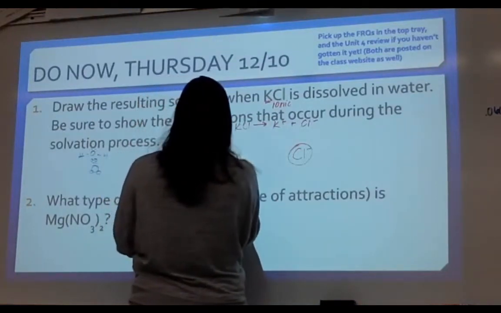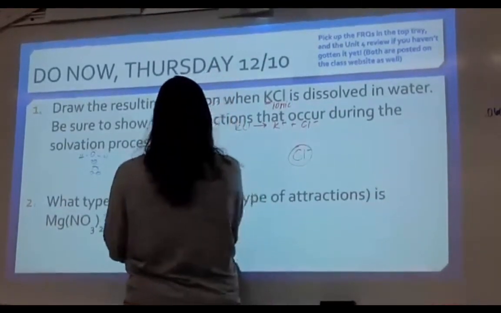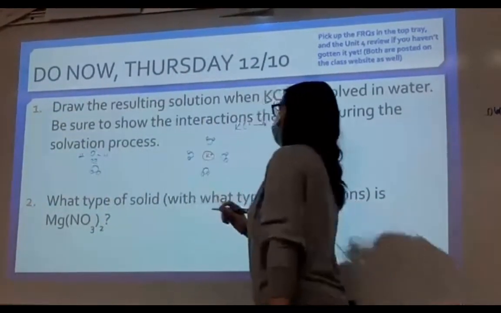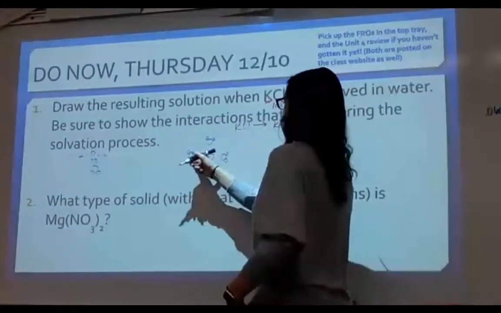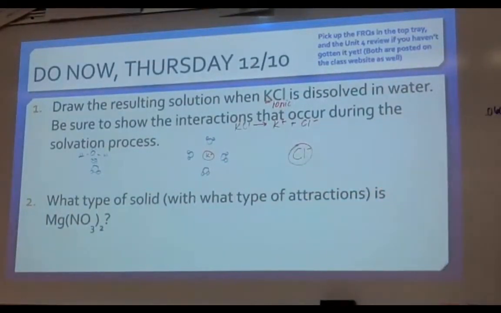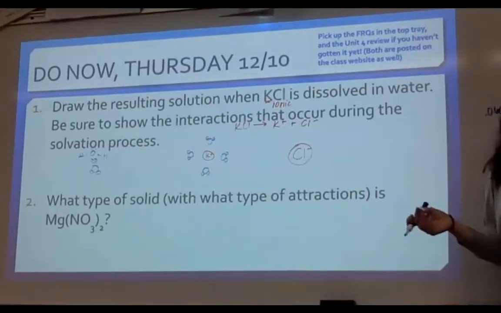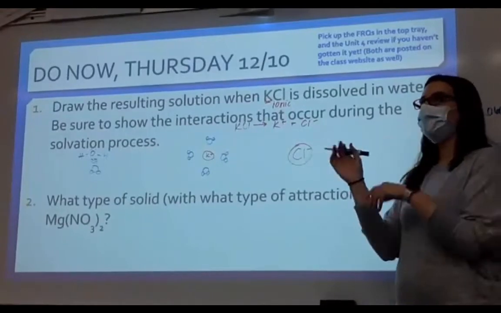So I'll do K+ using the little models of water. Notice how all of the oxygens orient themselves facing toward the K+. Think about the magnets we looked at before. If I tried to put the hydrogen toward K+, they're the same charge, that will repel.